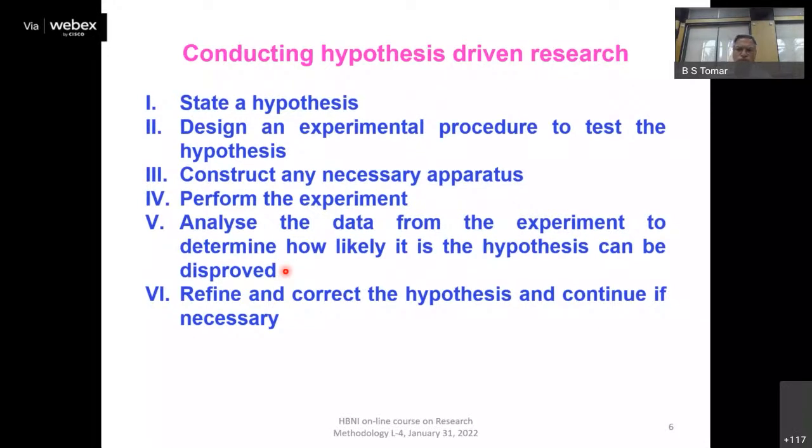So as a result, a hypothesis generates some knowledge which is general and applicable in all scenarios, and that becomes the new knowledge for subsequent generations of researchers. It is very important. For example, I make a statement that the sun rises in the east.